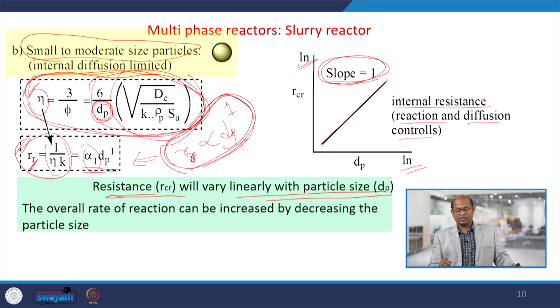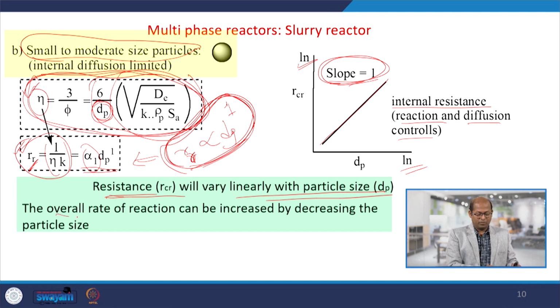Here, when a moderate size of particles is taken, internal diffusion exists, and we can say that if we increase or decrease the particle diameter, the overall resistance due to the diffusion would change. That is, particle size is linearly related.